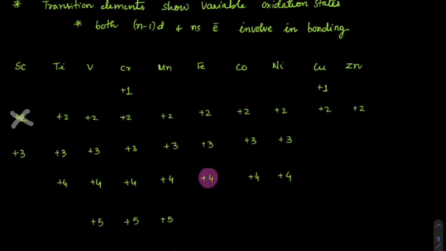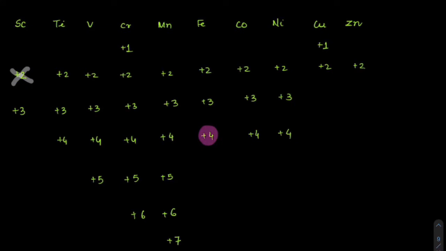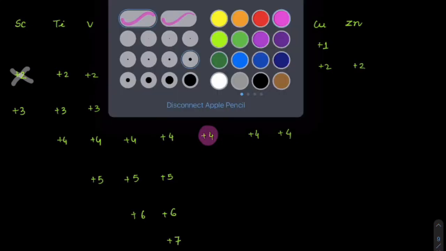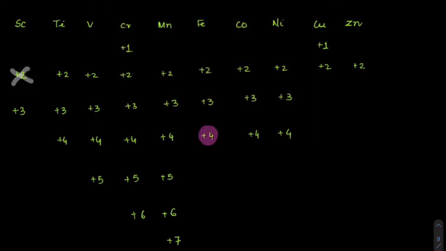So other than that, most of them will show these oxidation states which we have designated here. Now if you observe, the most common oxidation states which you will find here are these valence ones, because they have only 3 valence electrons, 4 valence electrons, 5 valence electrons, 6 valence electrons and 7 valence electrons. So these are their most common ones.